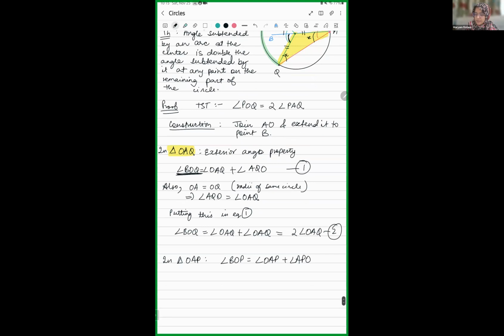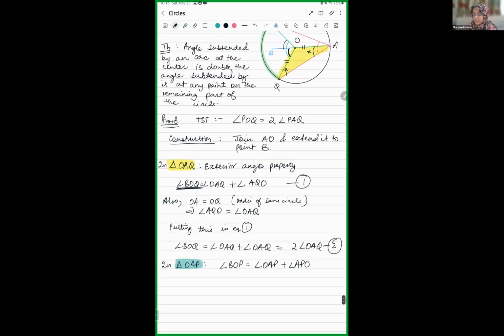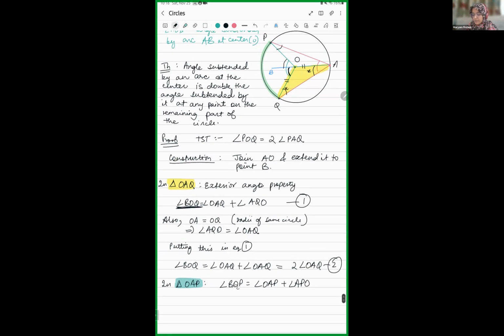Now similarly, in the other triangle, triangle OAP, if at any point anyone is not able to understand anything, please ask, okay? Similarly, in triangle OAP, we have already seen that due to the exterior angle property, the outside angle is equal to the sum of this angle and this angle.